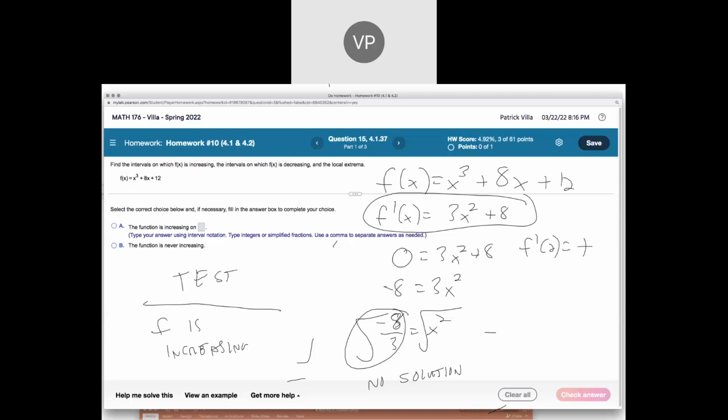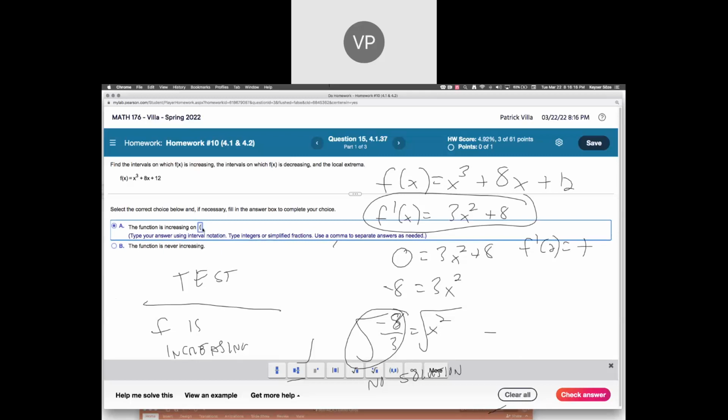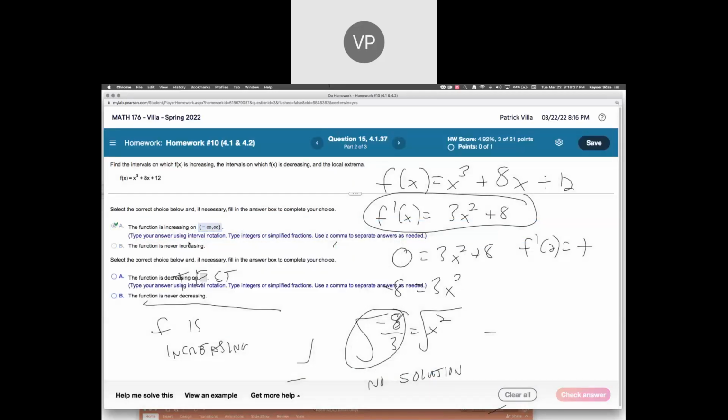So the graph is increasing where? It's every single point, from -infinity up to positive infinity. That's where our graph is increasing. Where is it decreasing? Well, it never decreases.